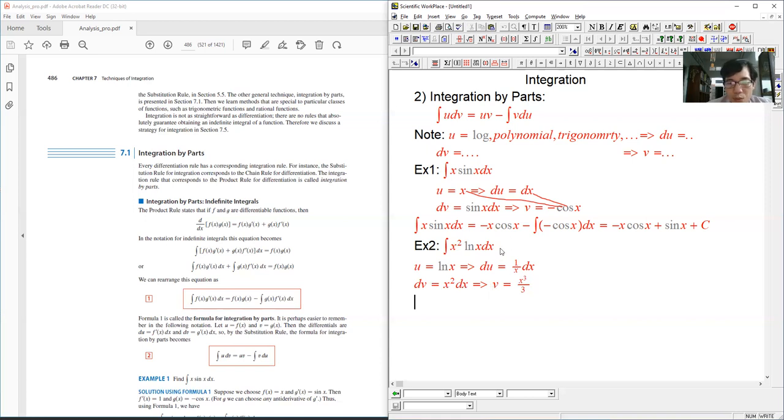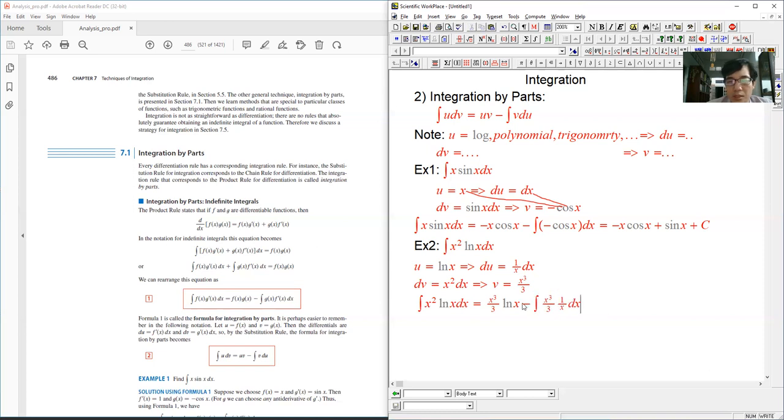So we can put these into the formula: x cube over 3 ln x minus the integral of this and this. But we will continue to integrate this formula, so we can simplify before integrating.